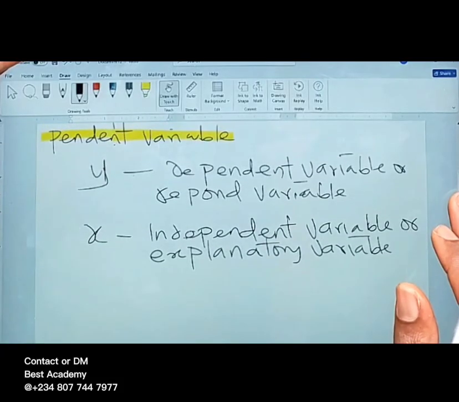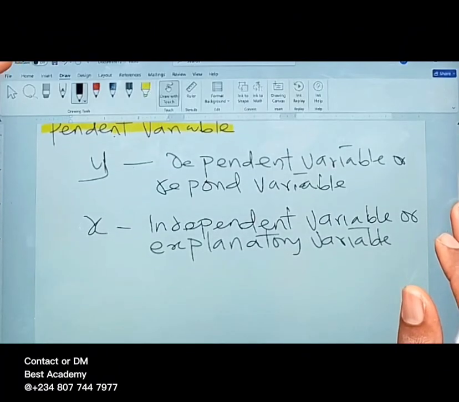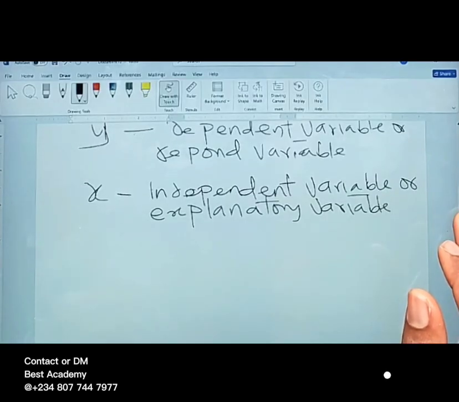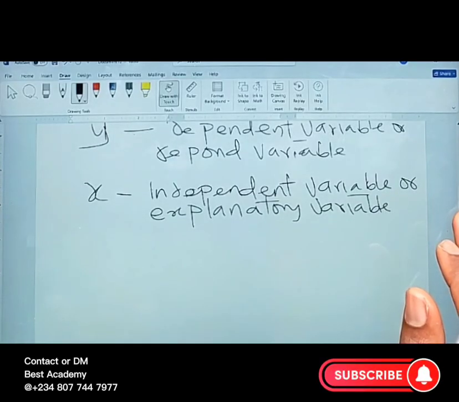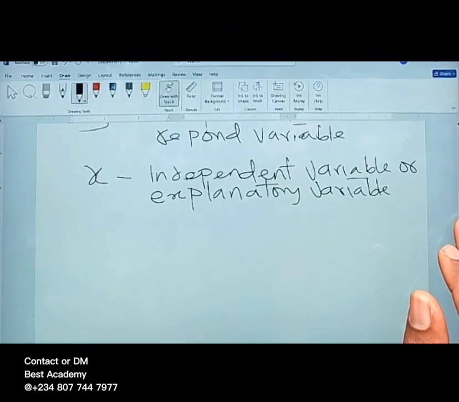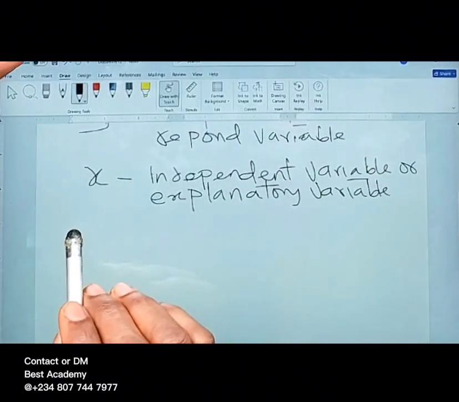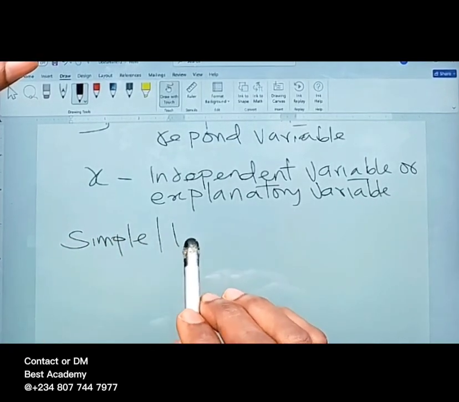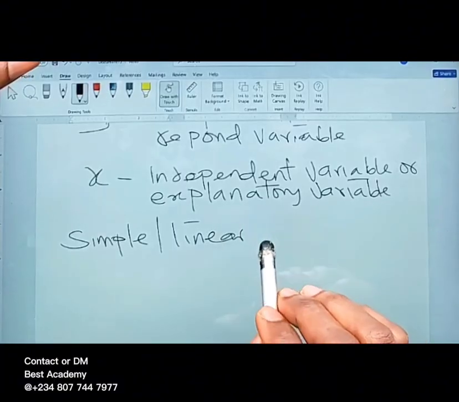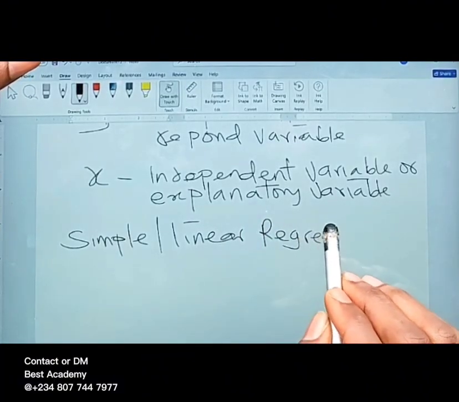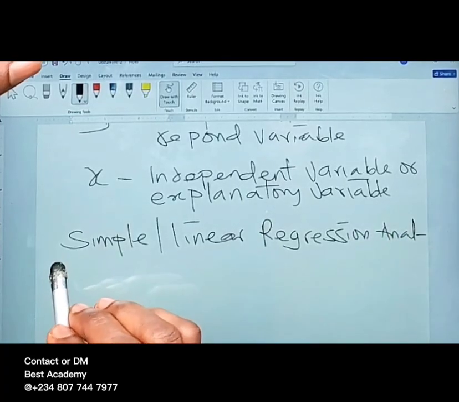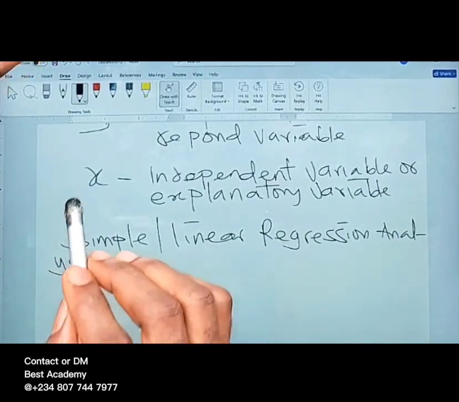Please take note. Okay, now after then here we have to know the formula that relates the dependent letter, which is y, and the independent letter x. But before that, let's take the first regression analysis, which is said to be linear or simple regression analysis.